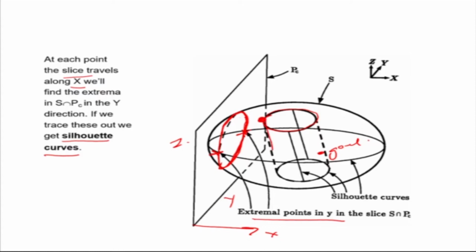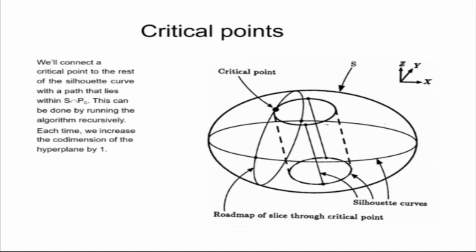So what the critical points are doing is trying to locate where there is a change in the silhouette curve. In this slice, as you're going from here, this is my critical point now.